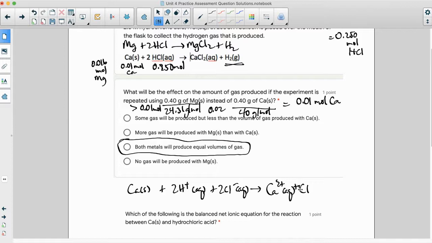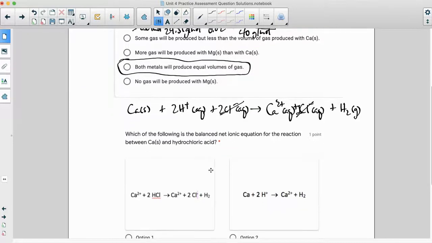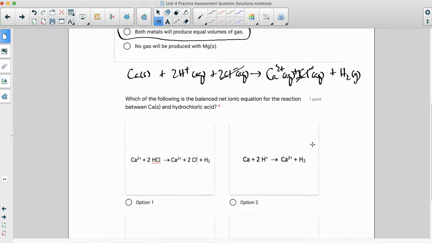Oh, missing a 2 here. And we have H2 gas, which we do not dissociate. We can see here the Cl minuses are canceling out. So let's find the correct net ionic here, and I see that it is right here.